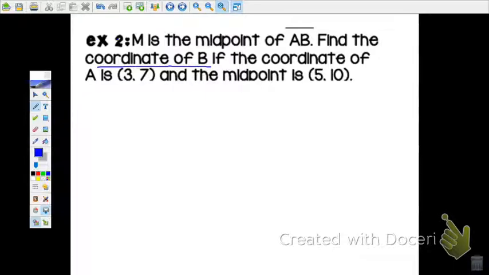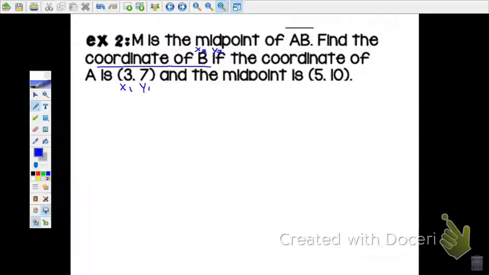This coordinate of B that I'm looking for, I'm going to call my x2, y2. My x1, y1, I know. I need to find the x2, y2. I can still use the midpoint formula, I'm just going to use it a little bit differently. I'm going to have an algebra equation I'm going to have to solve.